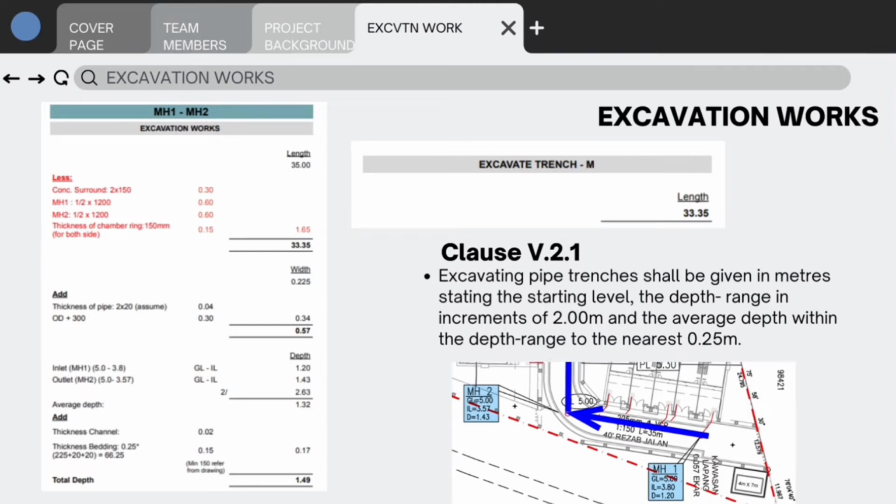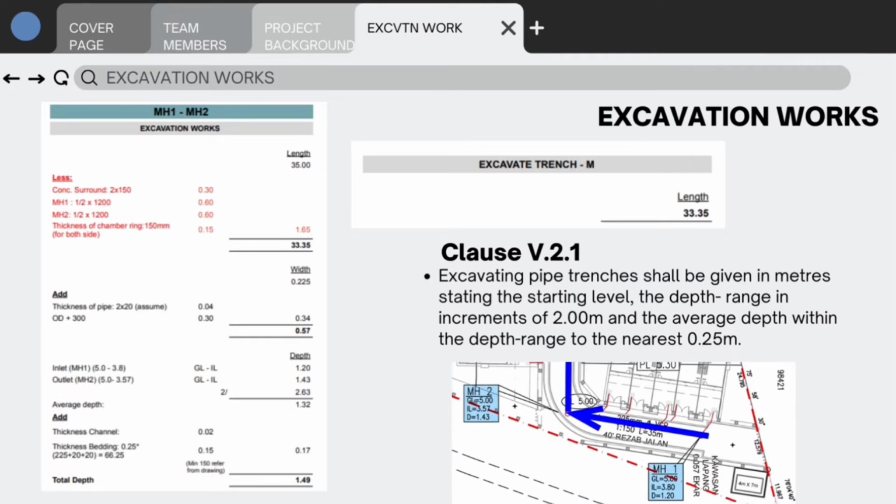And then for depth, first to get the average depth, we add inlet and outlet and then divide by 2. To calculate the value of inlet and outlet, ground level minus invert level. After that, to get the total depth, we add the thickness of channel, which is 20 mm, and thickness of bedding, which is 150, referring from the drawing. So the total depth is 1.49.